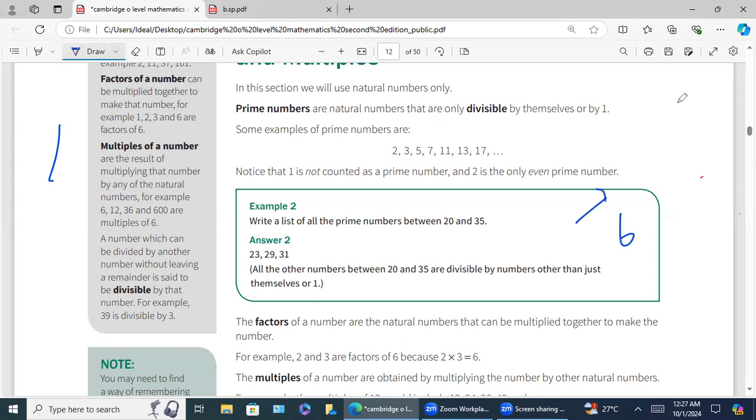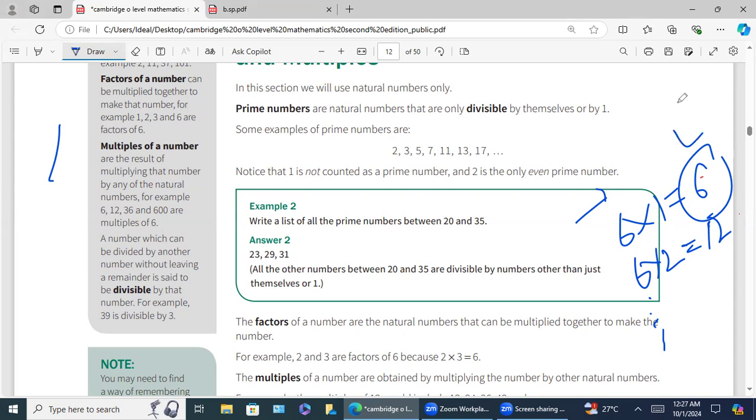Simply, you can read the table of 6: 6 ones, 6 twos, and you can follow this method up to your choice. These are all the multiples of 6. Simply, we can say that 6 divides all those numbers. All those numbers are multiples of 6.